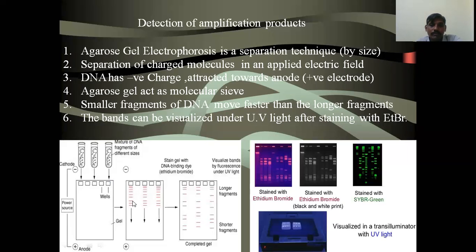These DNA fragments move towards the anode, the positive electrode, because they have a negative charge. The longer fragments settle earlier, and the smaller fragments move faster and reach the positive electrode.